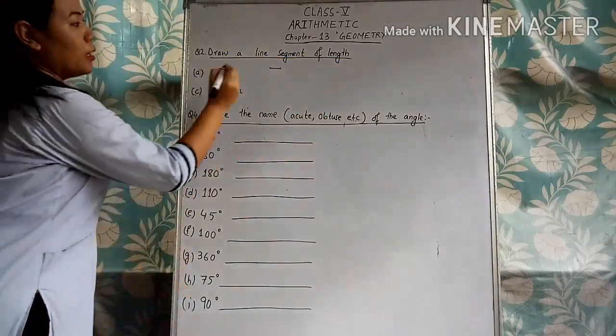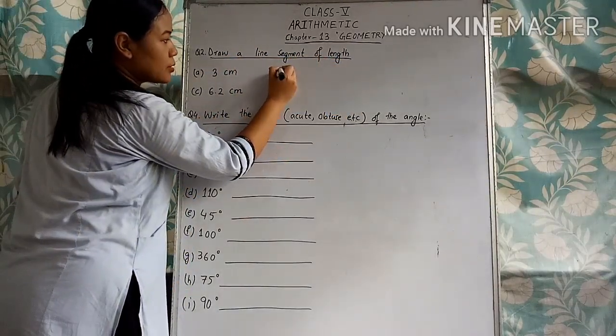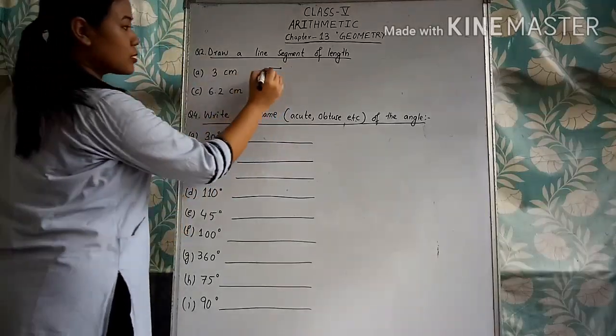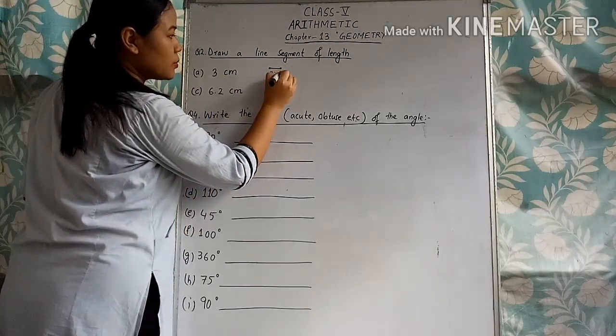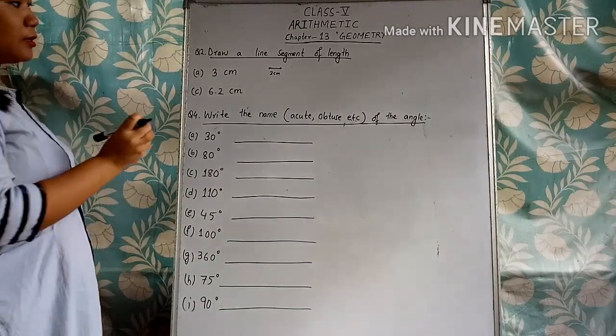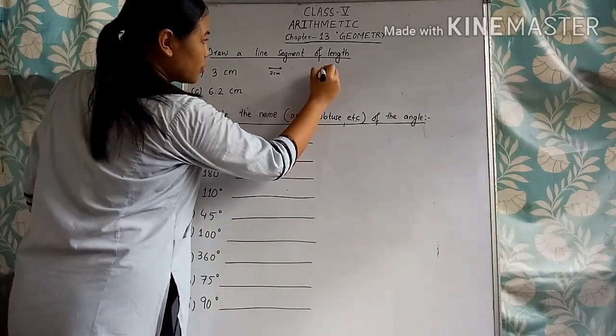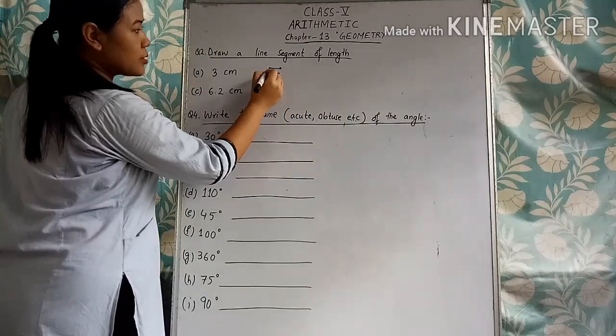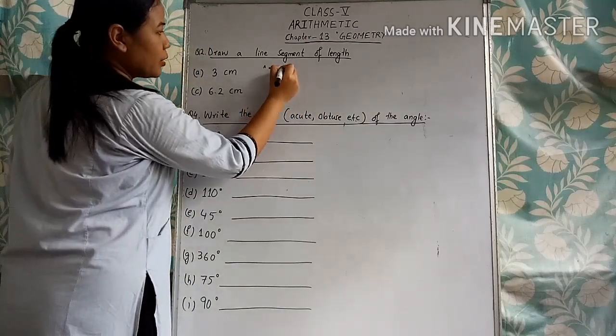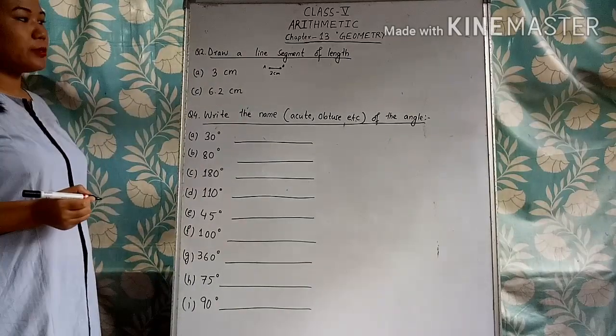So this is 0 and this is the 3 point. So this is 3 centimeter. Here on the board it is a little small. In your copy it will be okay. So this line AB is 3 centimeter.